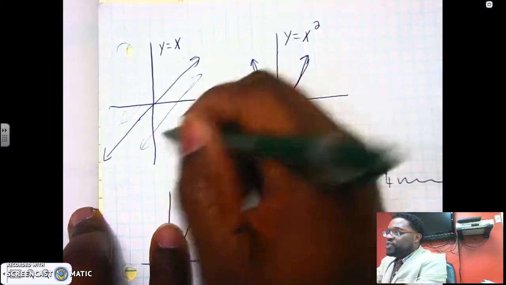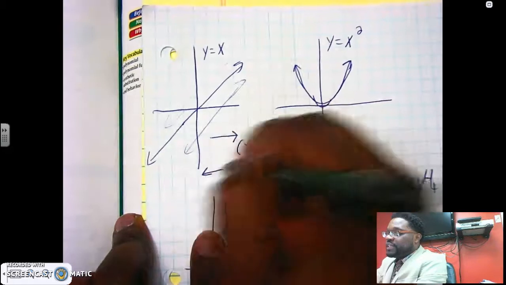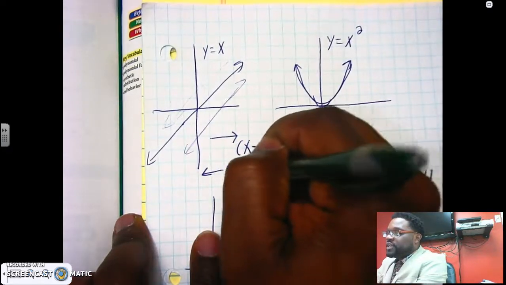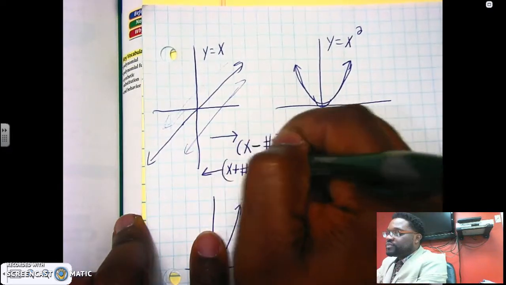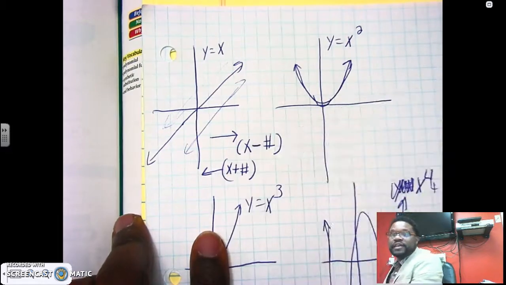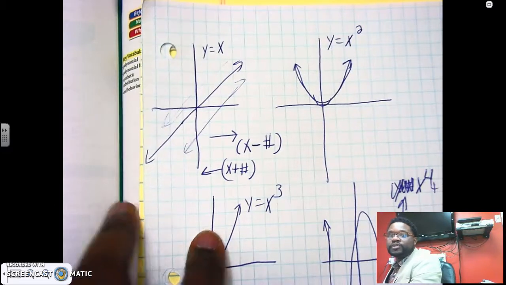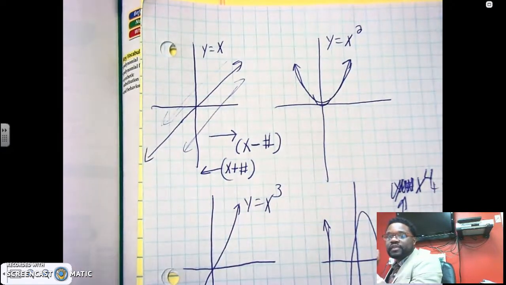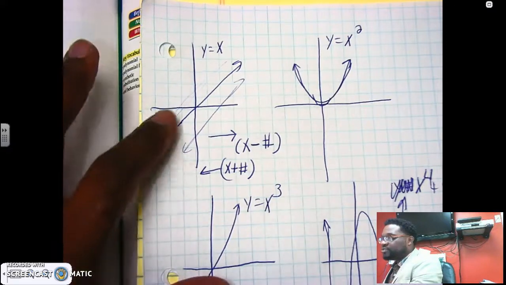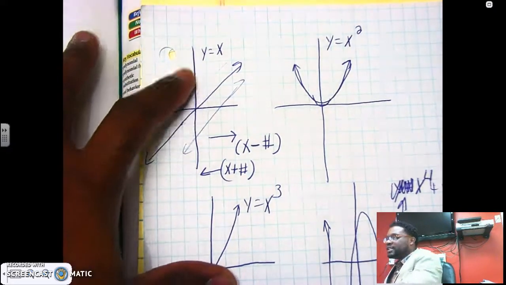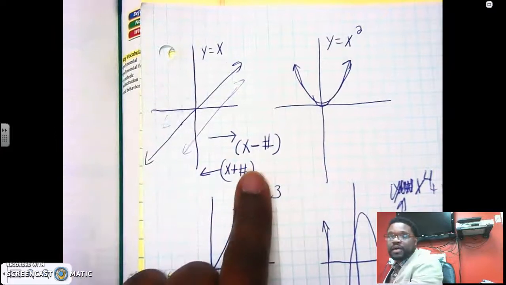And if you want to move to the left, it is x plus a number. So, an example, well, we'll talk about that here in a second. But you can actually move this up and down and left and right by keeping this in mind.